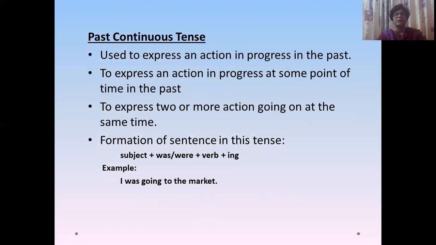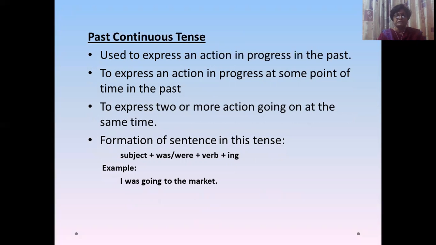Now the second is past continuous tense. This tense is used to express an action in progress in the past, to express an action in progress at some point of time in the past. And it is also used to express two or more actions going on at the same time.